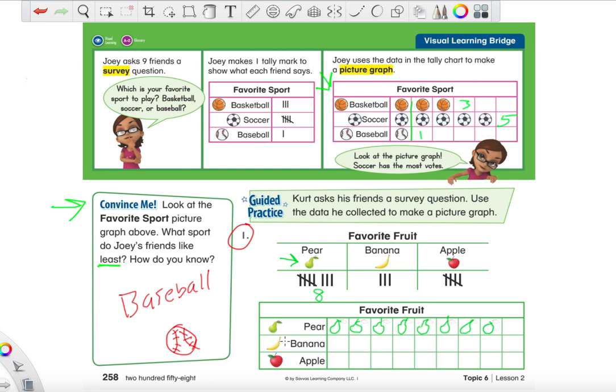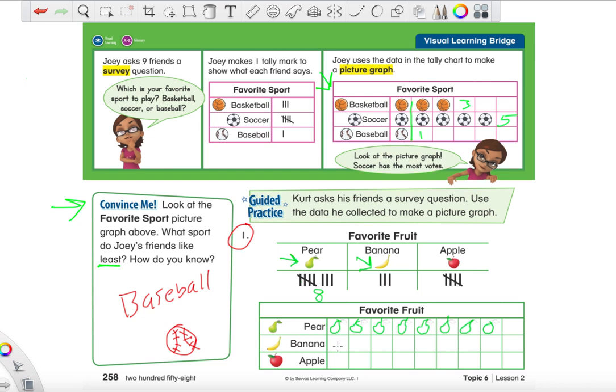Do you guys see bananas on our tally chart? You do. Cool. You're pointing to them, aren't you? Yeah, I thought so. And right here is our bananas, or as some kids call them, nanners. It's all good. So, I want you to try this part on your own, guys.